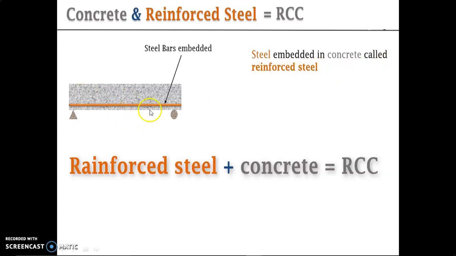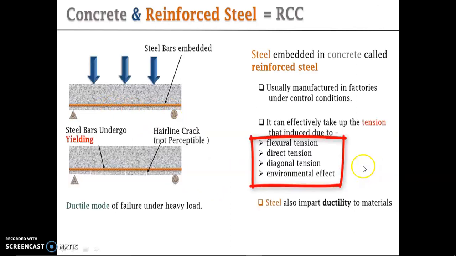So if we provide steel or reinforcement, that makes sound RCC, reinforced cement concrete. Now if we apply a load here, the tension part is taken by the reinforcement and the compression part is taken by the concrete. So if you see here, only hairline cracks appear and they are not much perceptible.